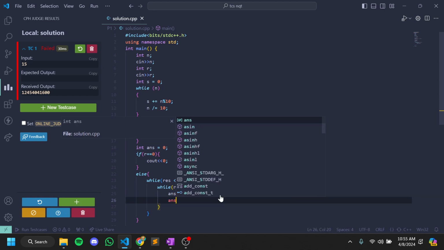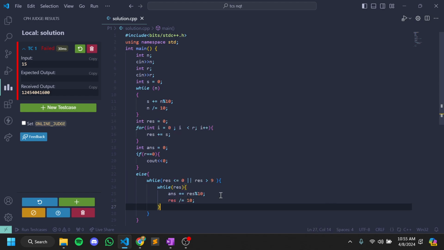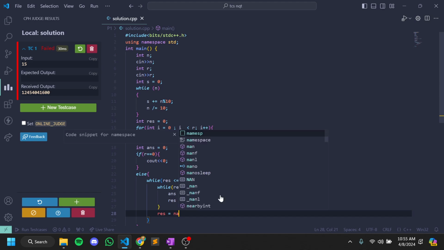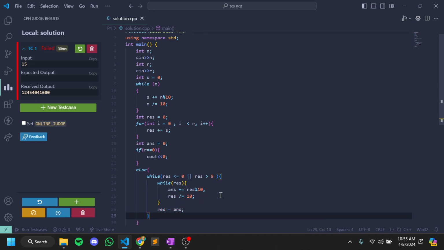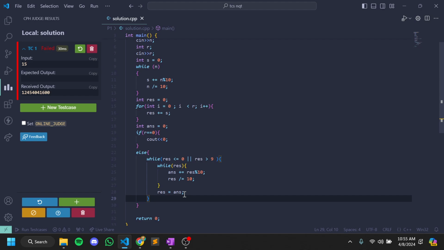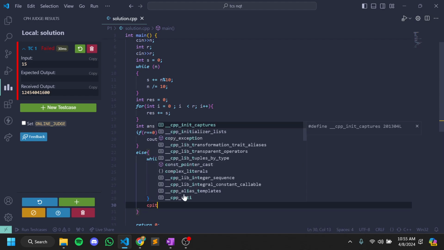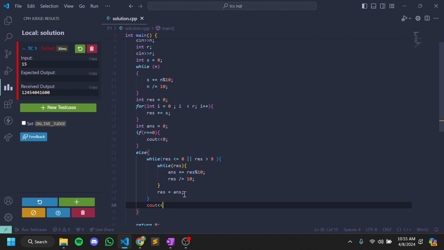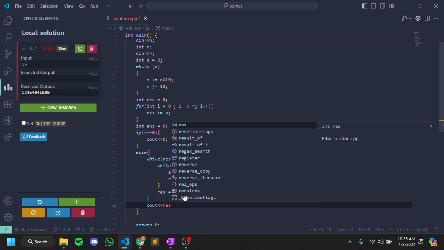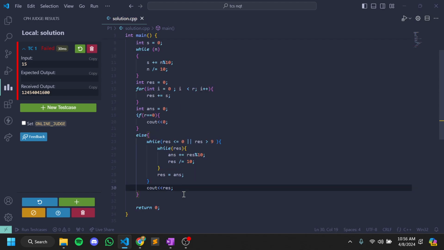Ans plus equals res mod 10, res divided by equals 10. After it, we'll be setting our res to ans. After all of this, when all of these conditions are done, we can just print our resultant.